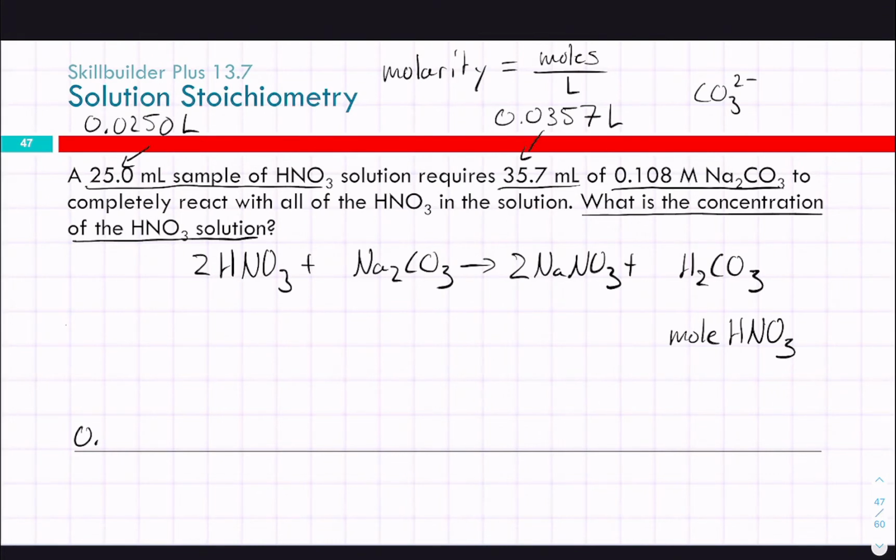So this is 0.0357 liters of Na2CO3. So we're starting with liters of Na2CO3. And if we want to get to eventually moles of nitric acid, what's our first step?